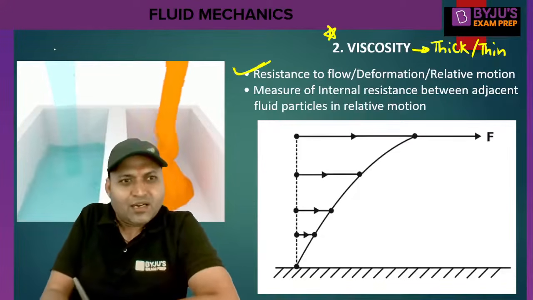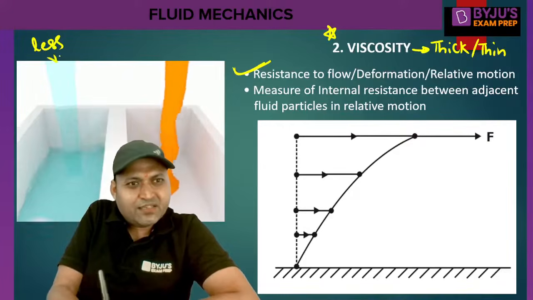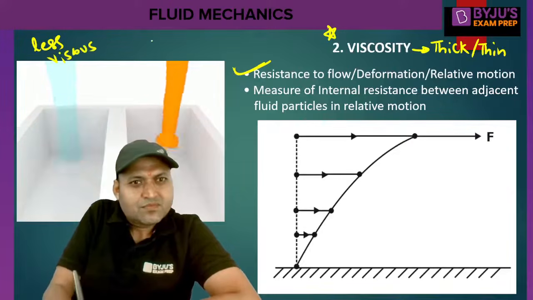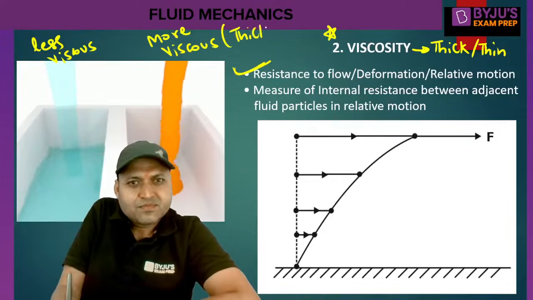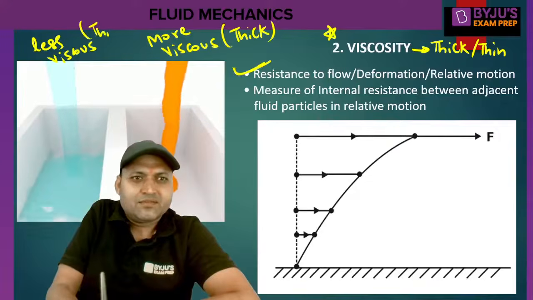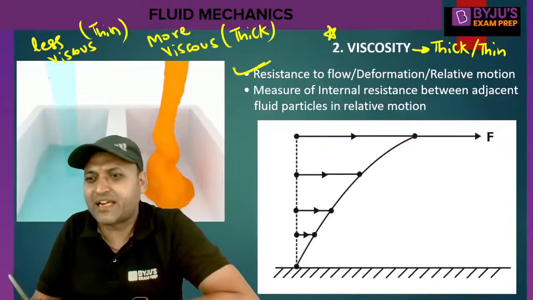The first fluid is less viscous, the second fluid is more viscous. More viscous means thick, less viscous means thin. Viscosity gives us the information about the thickness or thinness of the fluid.